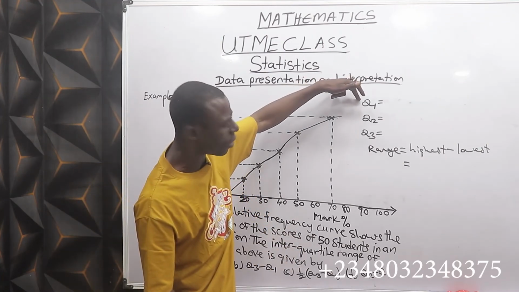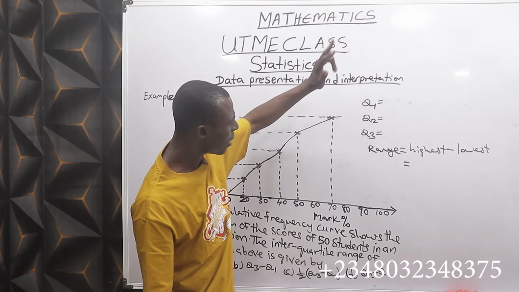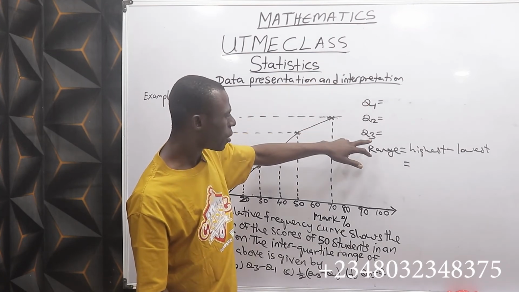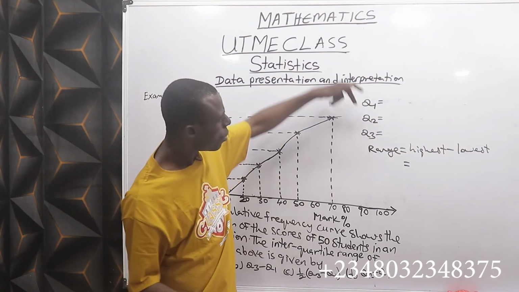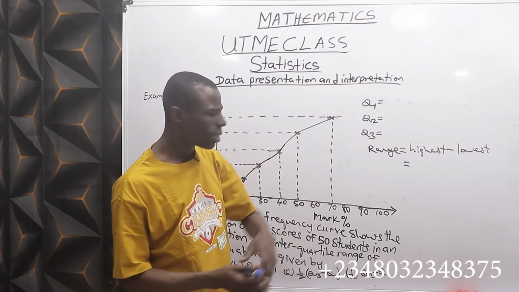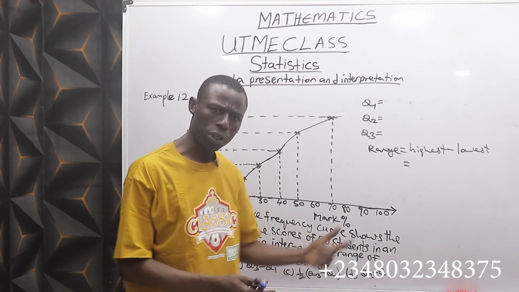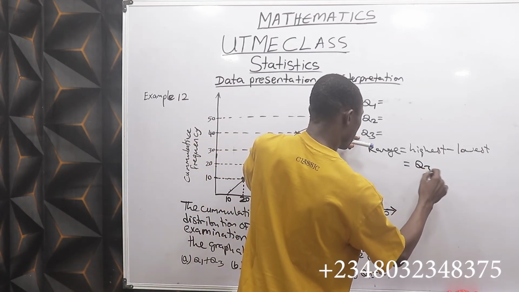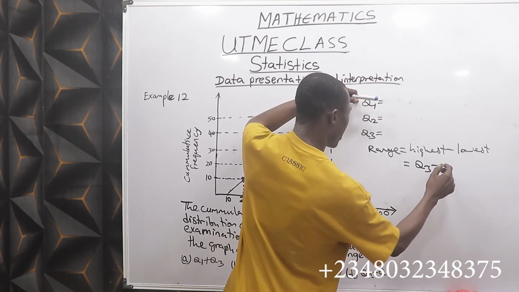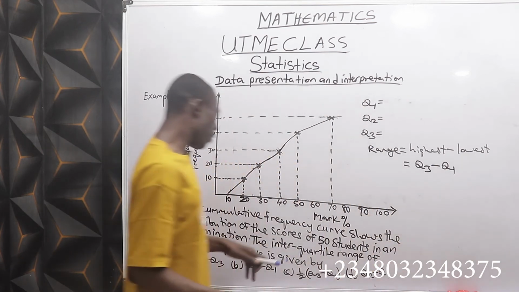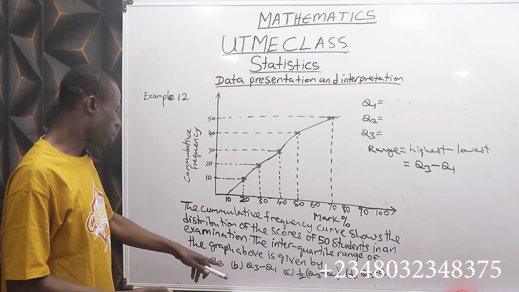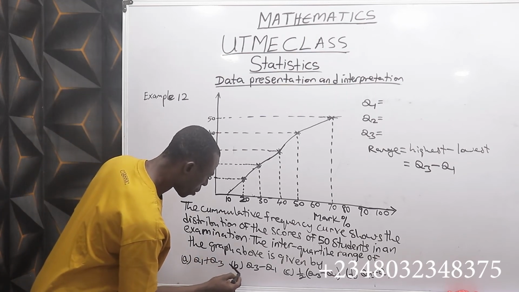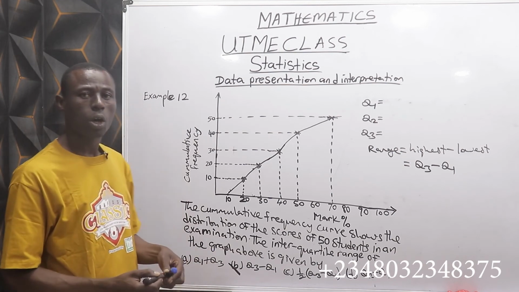And we have just three quartiles: first, second and third. The third quartile is the highest and the first quartile is the lowest. Therefore, the interquartile range will be the highest, Q3, minus the lowest, Q1. Therefore, the correct option here is option B.